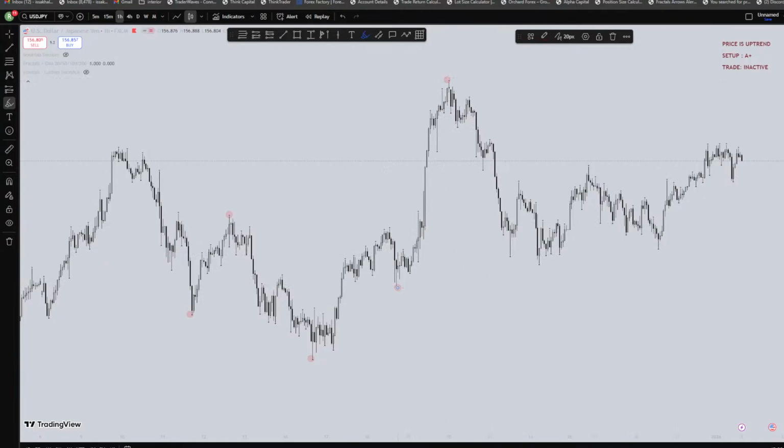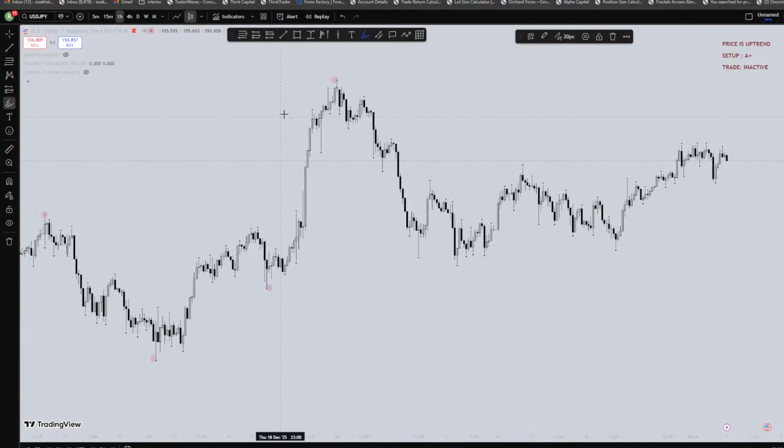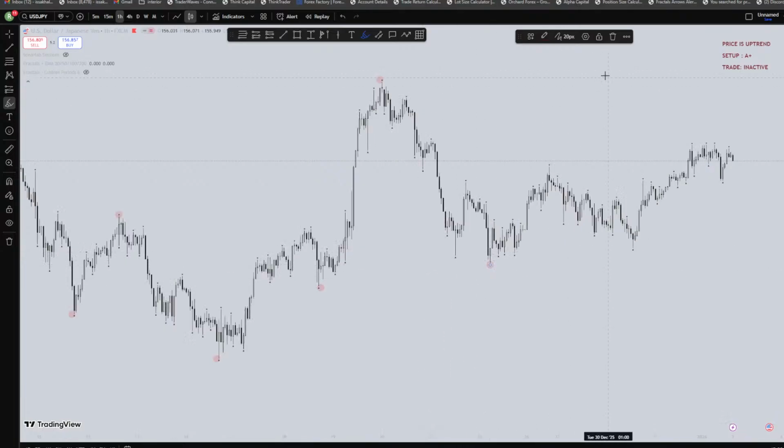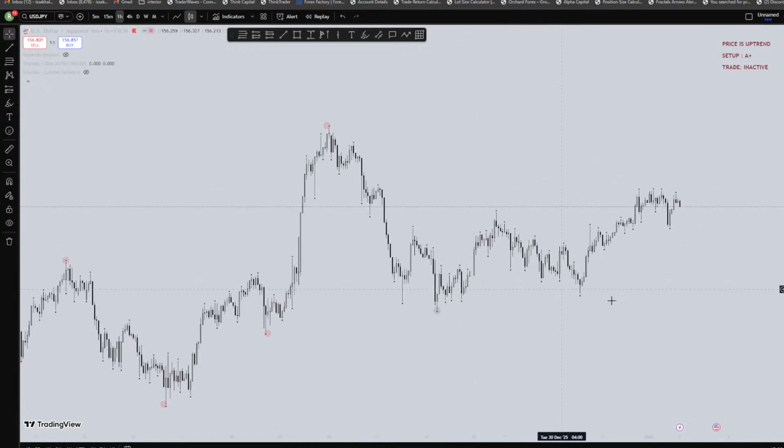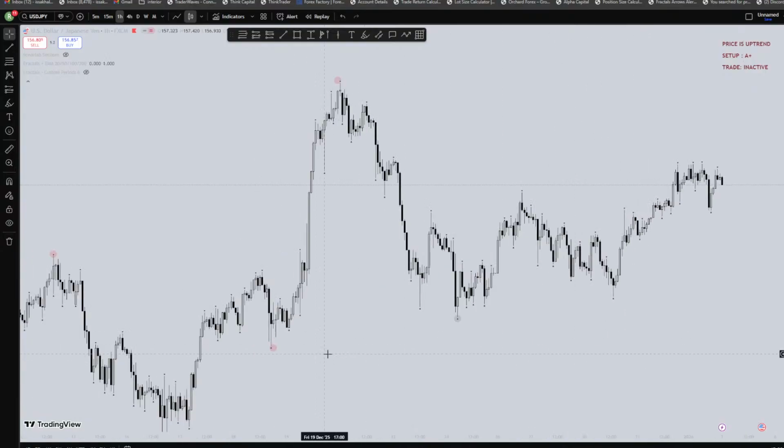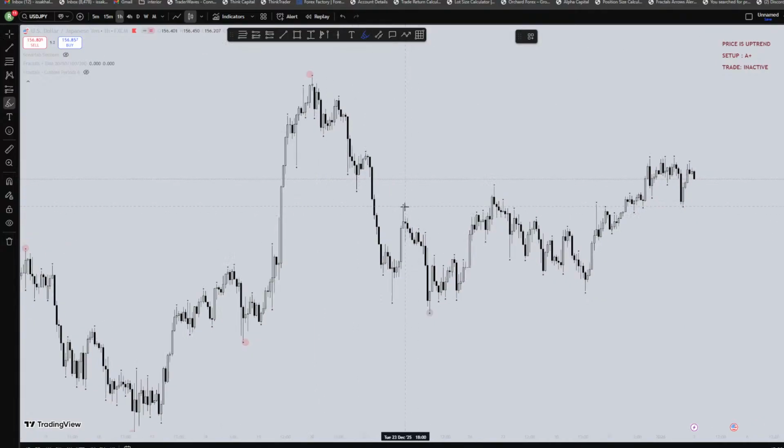Then price is kind of ranging in between, and as price is coming down, we have this as internal. It's an internal swing point, not too big, so we can allow this to happen, and also have this external swing point broken, price closed above, touched, and dropped below.